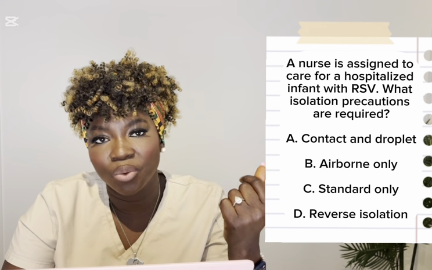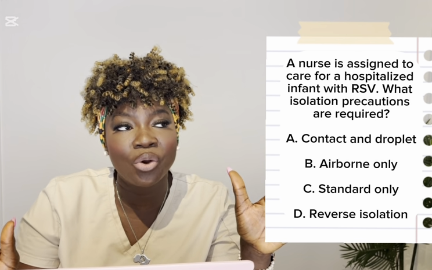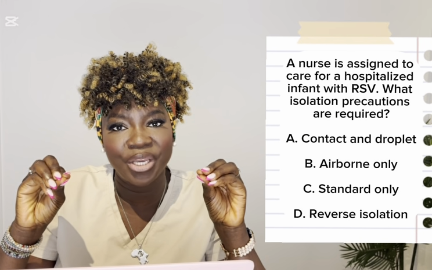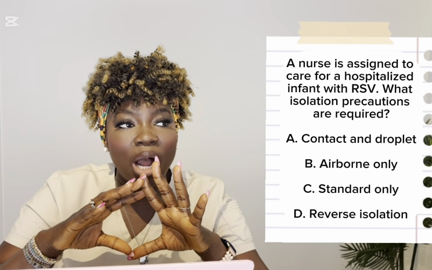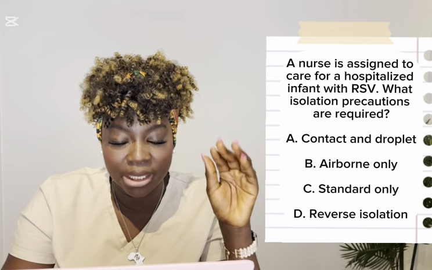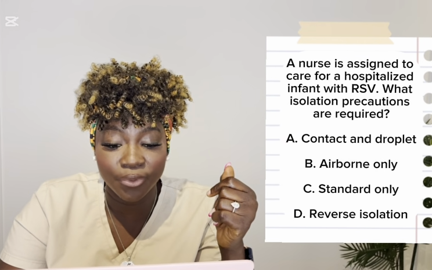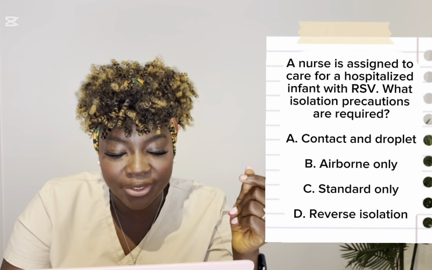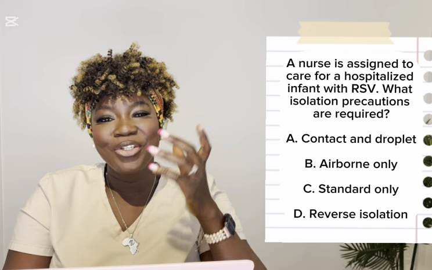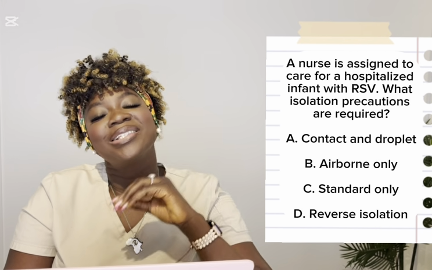Standard only, no. Standard precautions are used for all patients regardless of their diagnosis or condition or infection. But that's not what we use here, because it says only. That's wrong. And reverse isolation, no. Do you guys know what reverse isolation is?